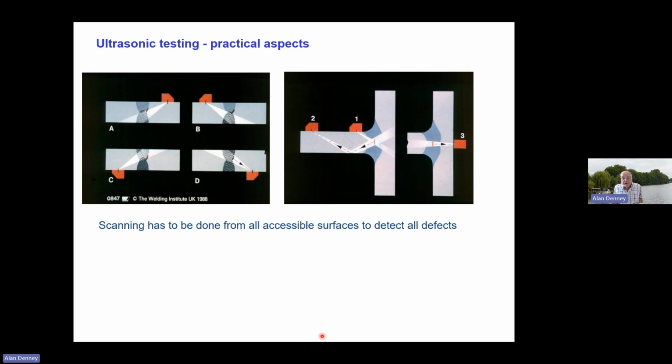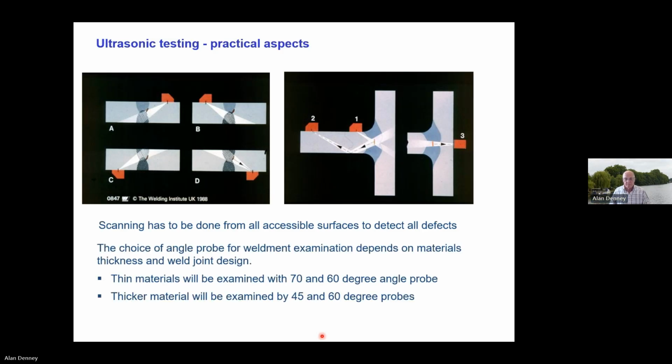So the principle is that you should scan from all accessible surfaces to detect all defects. And those images there give you an idea of how you would set about trying to detect particular types of defects based on their position relative to the weld and the joint configuration.